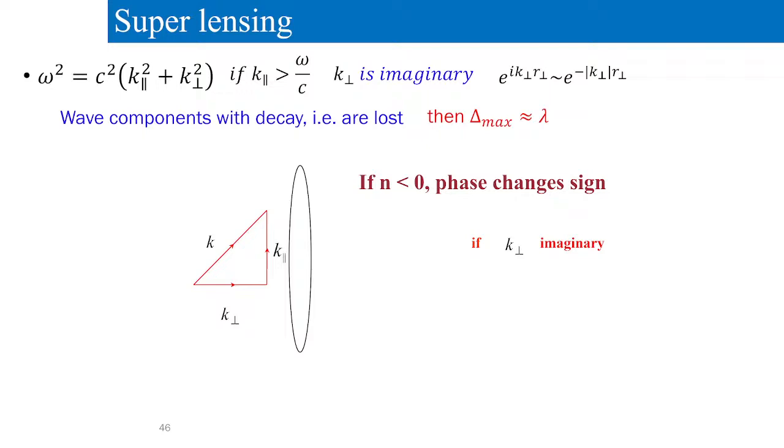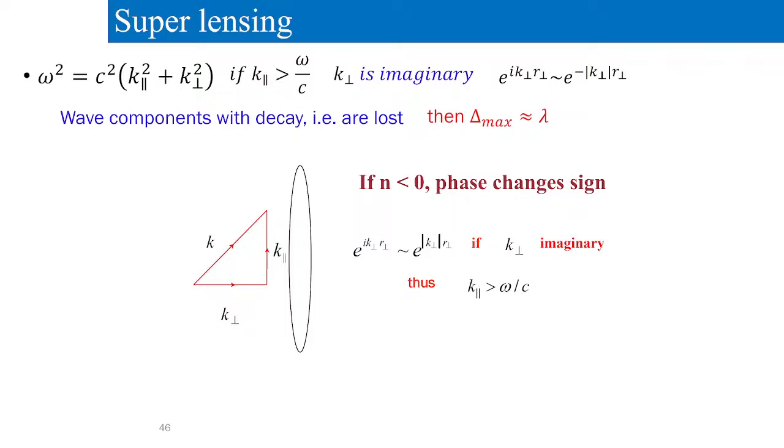If k perpendicular is imaginary, then that part will become approximately exponential minus i into i absolute k perpendicular r perpendicular. Minus i into i is 1, so that will be exponential absolute k perpendicular r perpendicular, which is an enhancing factor. Instead of a diminishing factor, it becomes an enhancing factor. Therefore, k parallel.